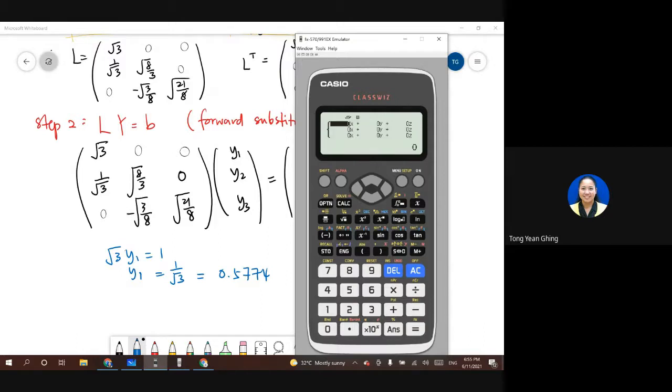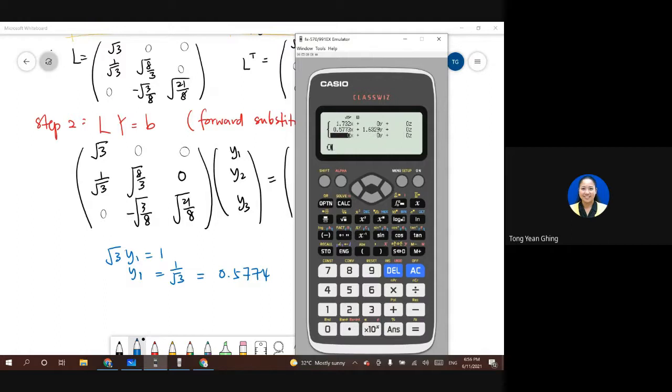So put in the values: 3, 0, 0, equals 1. And then 1 over square root of 3, and then square root of 8 over 3, 0, equals 2.